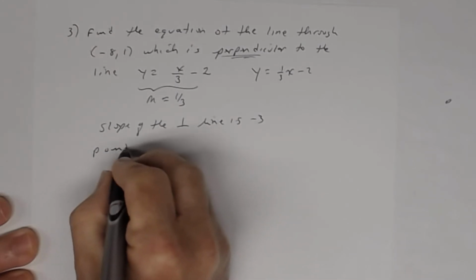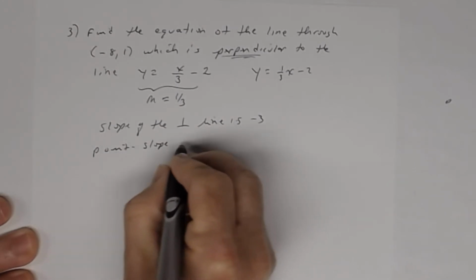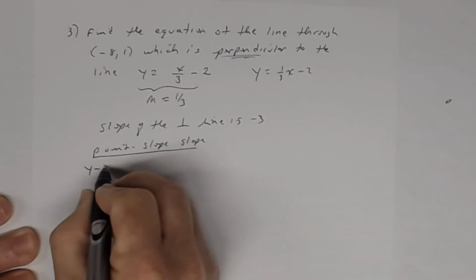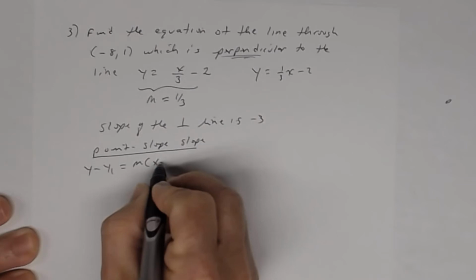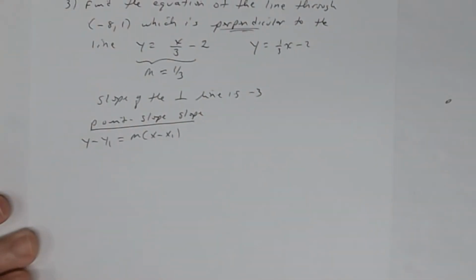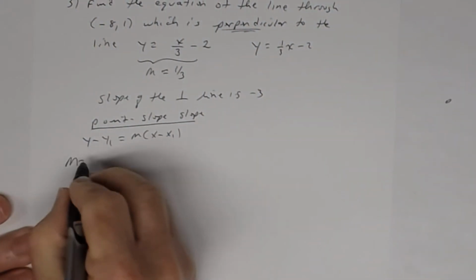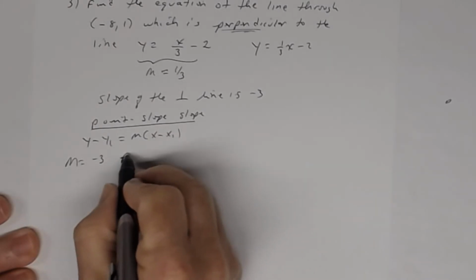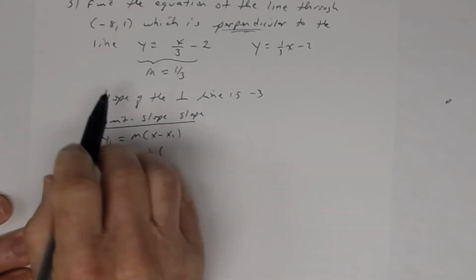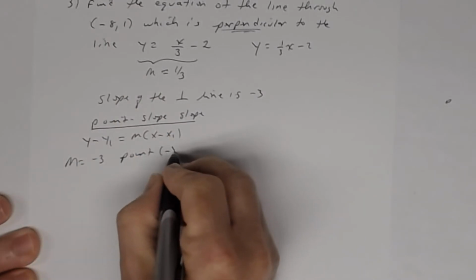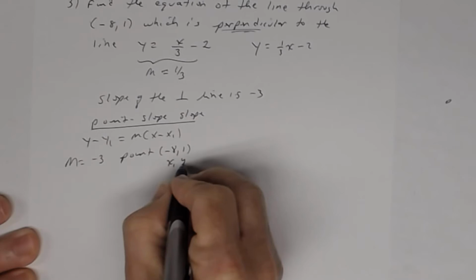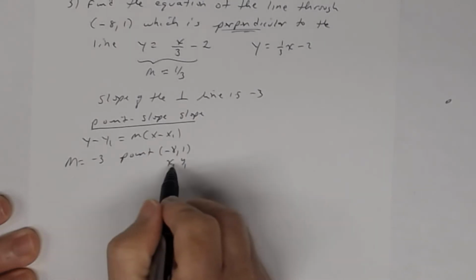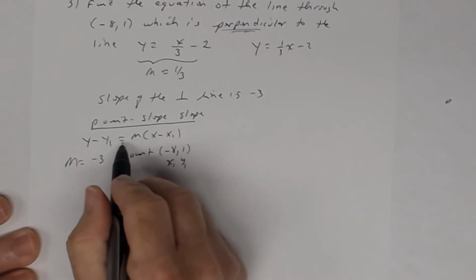Point slope form: y minus y1 equals the slope times x minus x1, right? So we know the slope of that line I'm interested in is -3, and a point on that line is -8, 1. So there's your x1, there's your y1.